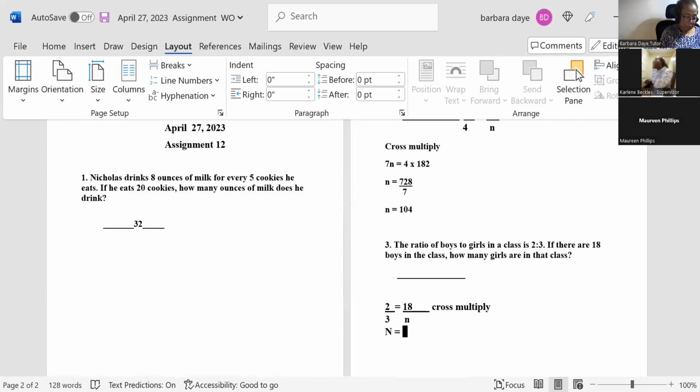So n would be 54 divided by 2. And what's that equal to? 27. 27, right? 54 divided by 2.